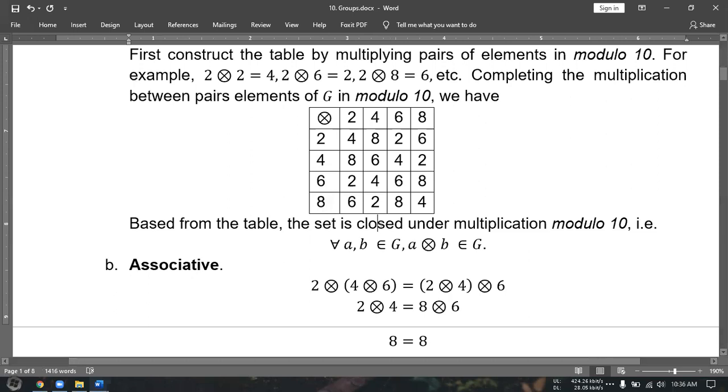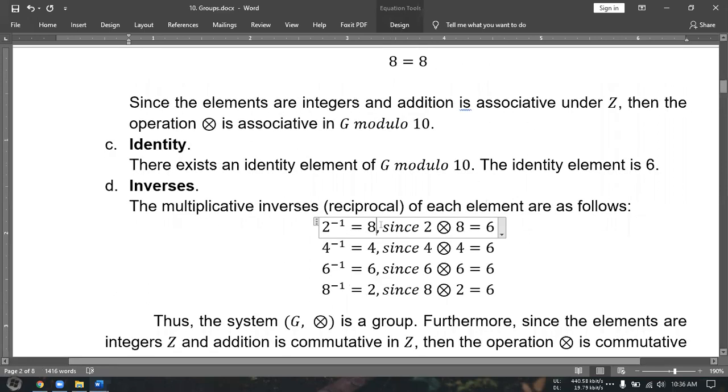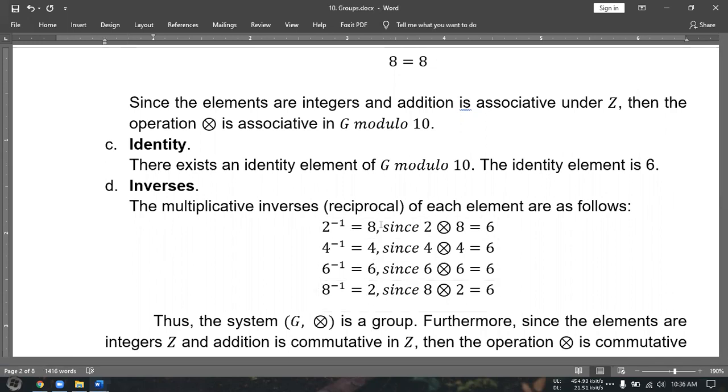Therefore, the fourth condition is also satisfied. Thus, the pair of the set and the binary operation, which is multiplication modulo 10, forms a group.